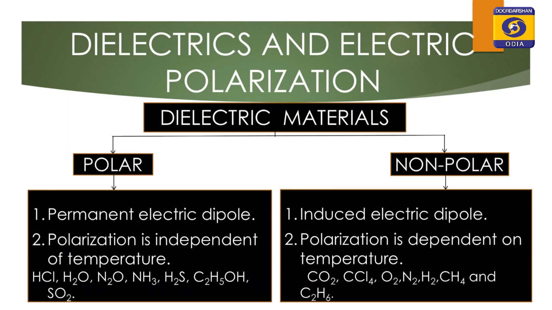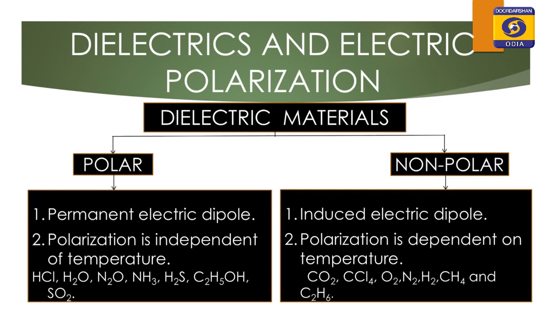but polyatomic materials like HCl, water H2O, ammonia, etc., initially have poles, or we can say they are represented by dipoles, because their positive charge center is different from the negative charge center.